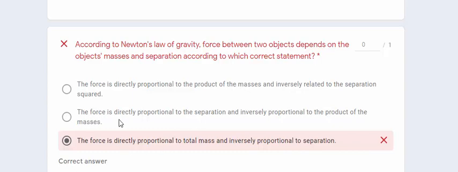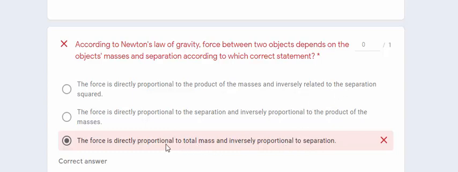Now, the second one here is obviously wrong because it says it is directly proportional to the separation. So it's saying if we increase the distance, the force would increase. So that would be wrong. This one here, first, it misses the fact that the separation needs to be squared.